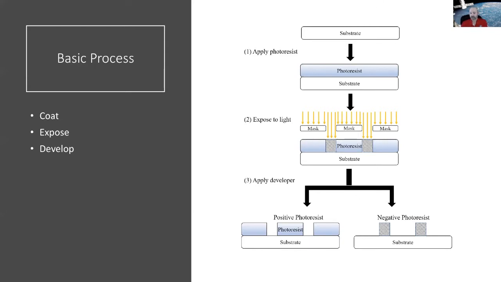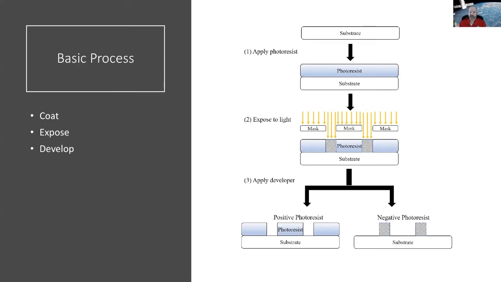The mask is showing in a side view, and it sits above what you're trying to transfer the pattern to. The mask is basically made of chrome, generally chrome on glass, and the glass is typically a material that is transparent to the light you're using.